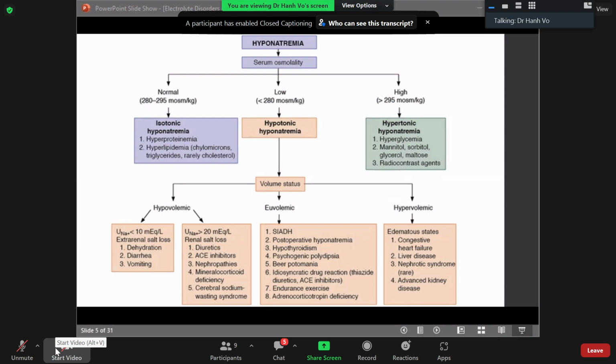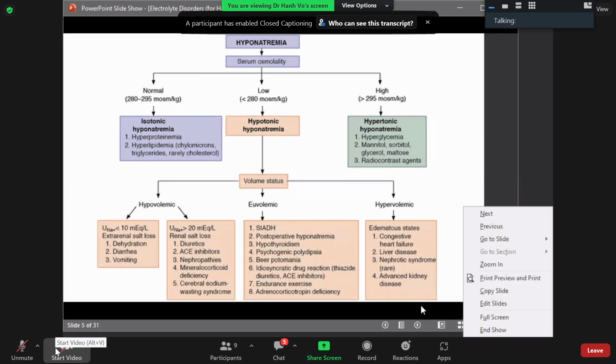However, it's called euvolemic because there is no edema. Euvolemic hyponatremia can be split into cases with dilute urine or concentrated urine. Can you see it in the slide?